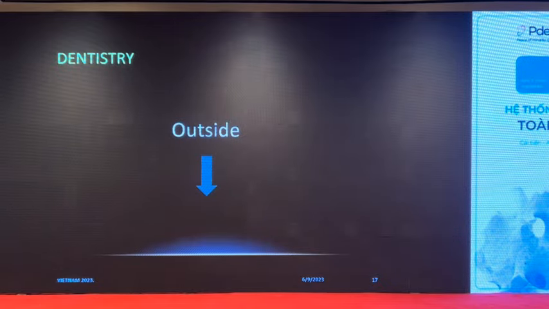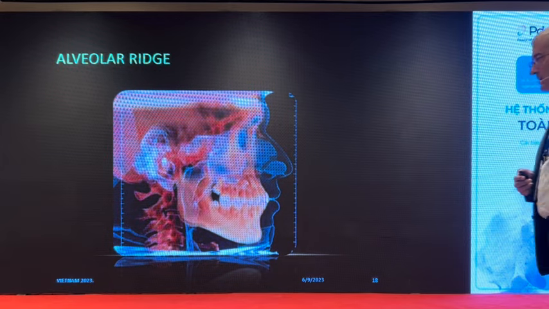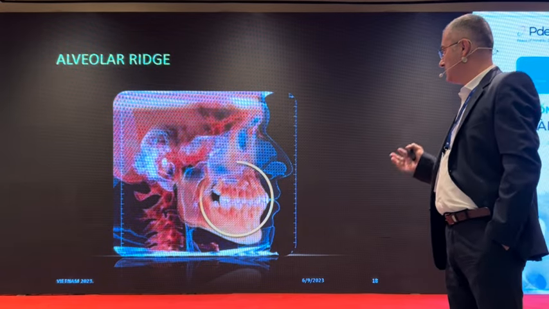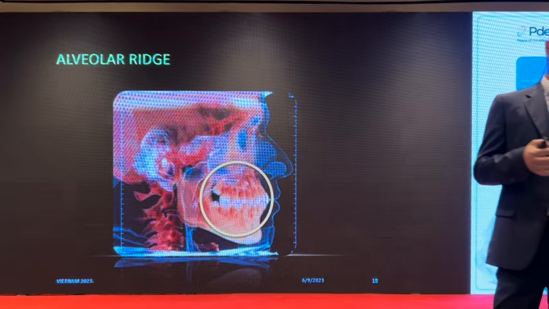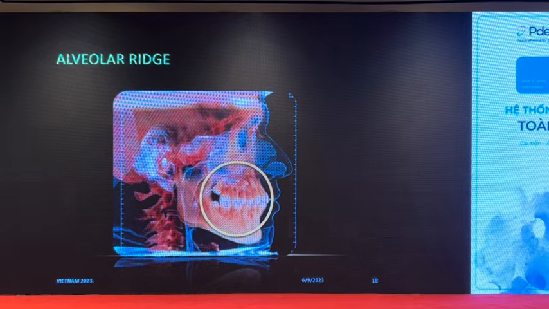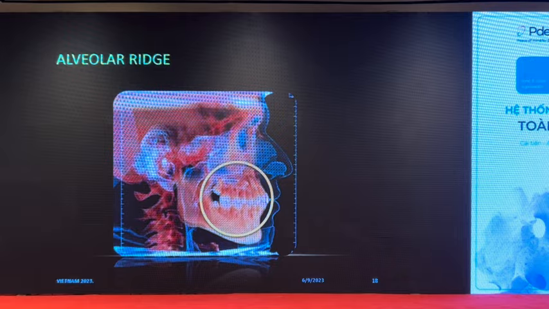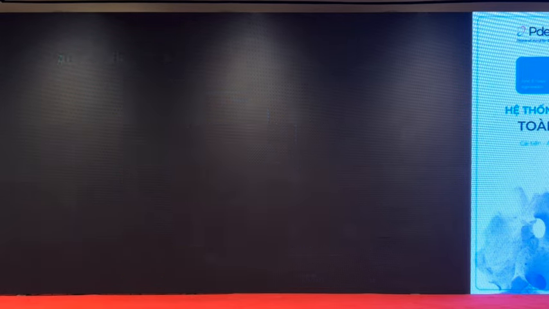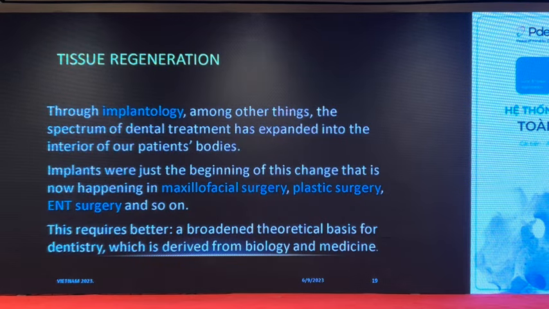Dentistry is going from outside to inside. With this change, we should think about structures which are not prosthetic, which are not tools, but root fillings, etc. We should think about this other region.